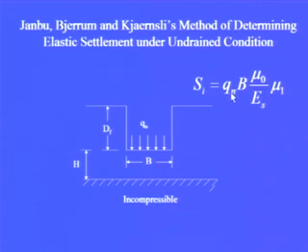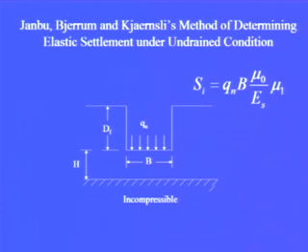given as Qn into B mu 0 mu 1 upon Es, where mu 0 and mu 1 are the parameters which can be obtained from the charts provided by Janbu et al. Now, this mu 0 is a function of Df by B, whereas mu 1 is a function of H upon B for different shapes of footing like square footing, strip footing, circular footing and rectangular footing.